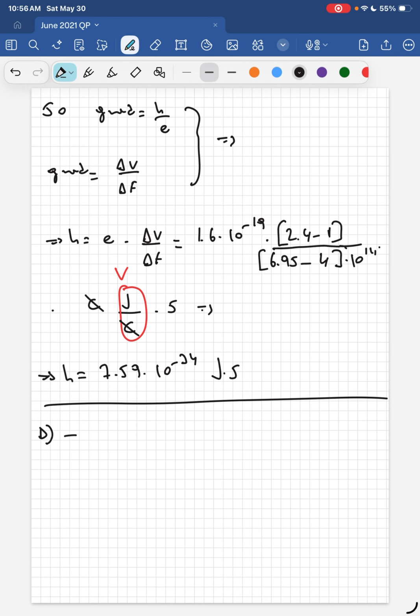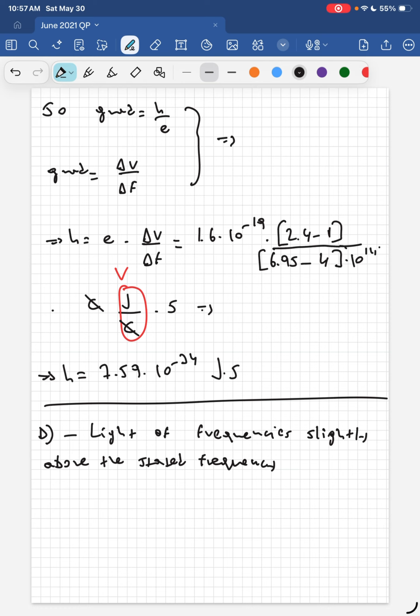Then the other issue is that light of frequencies slightly above the stated frequency is also present. This light may be seen first.